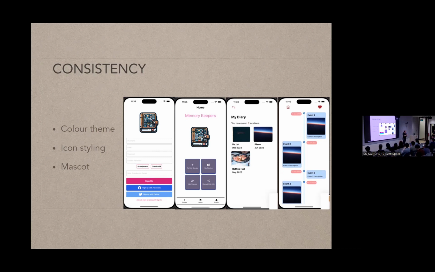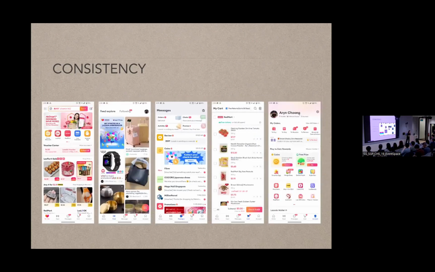What do all these apps have in common? What are they doing right? For example, what app is this? Lazada, right? So we can see where the consistency is. Every single page has a certain consistency. Look at the icons right here.